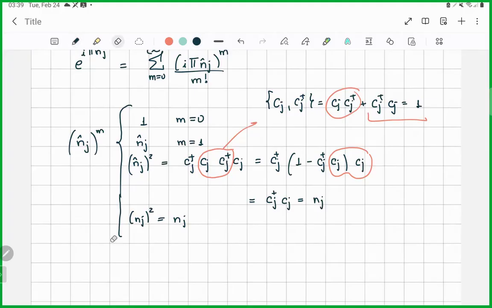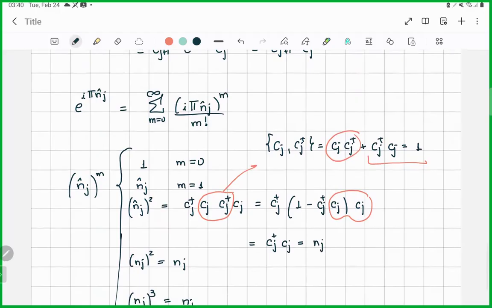And you can continue with this. If you're going to go to n to the power 3, well, it's going to be n again. n^4 will be n, n^5 will be n. And so this is great because now we can come back here and say that from this whole sum, what do we have? Number 1, when m is 0.